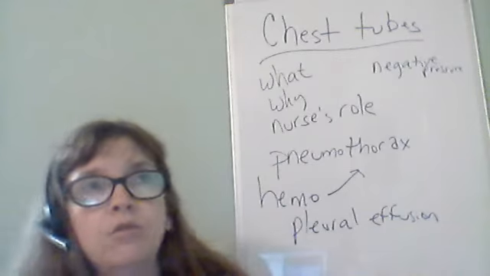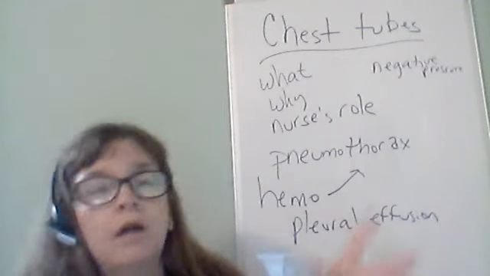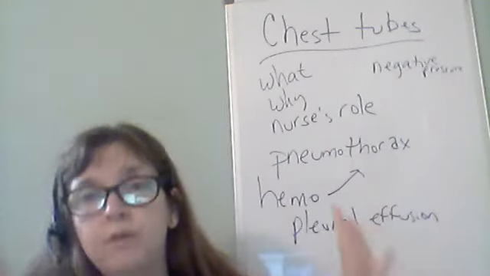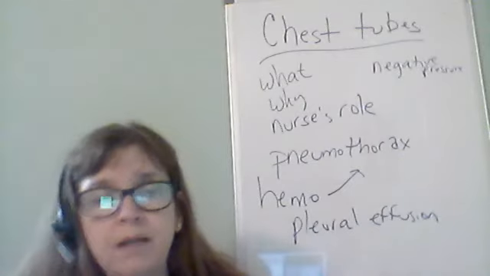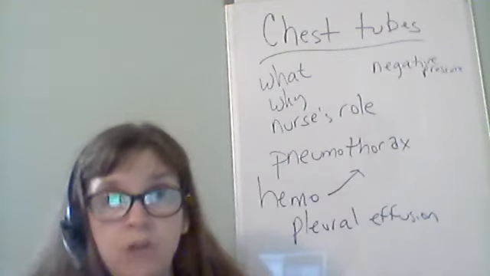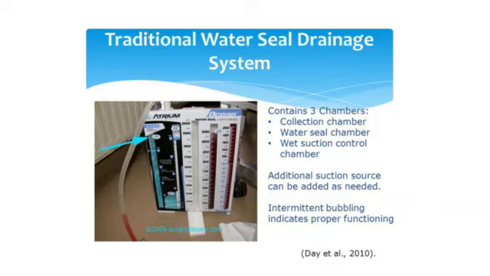These days, there's two types of drainage devices. There's all kinds of manufacturers, but there's two main types. One is a water suction, and the nurse fills the container to the ordered level of suction, which is usually -20, and then you connect the device to the wall suction.